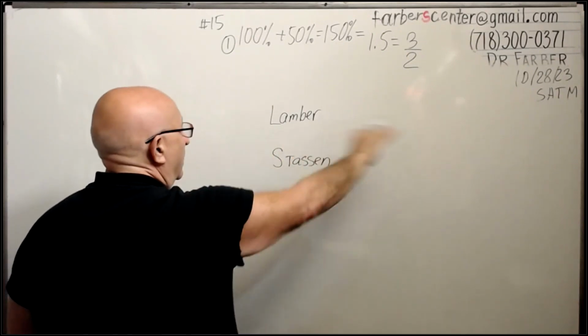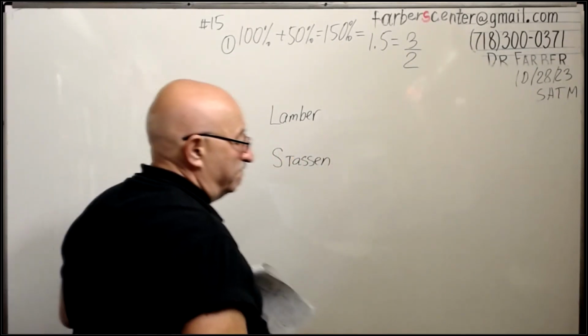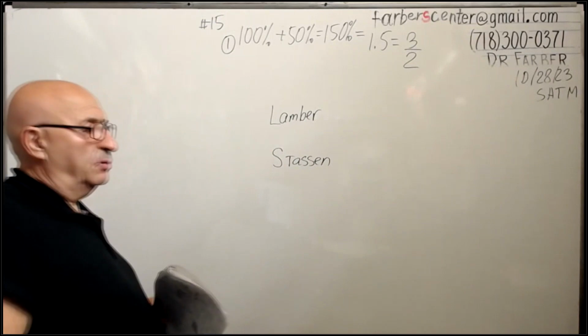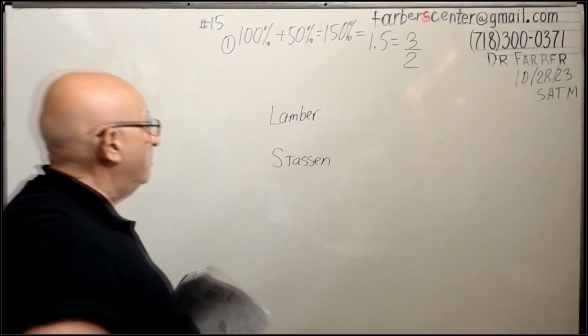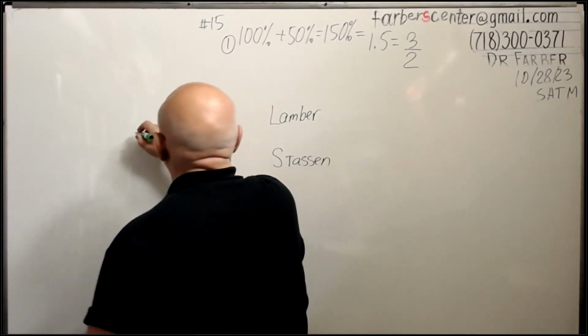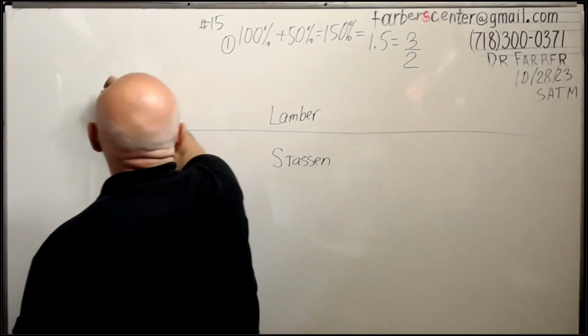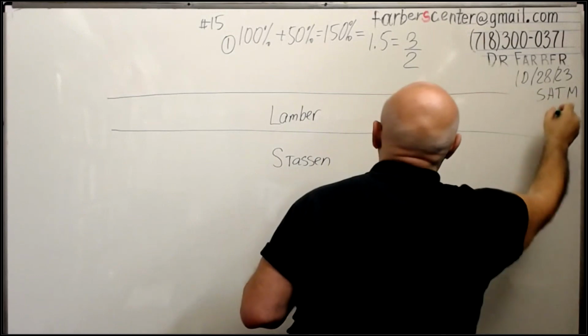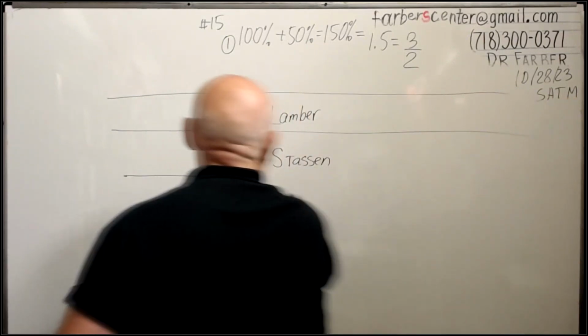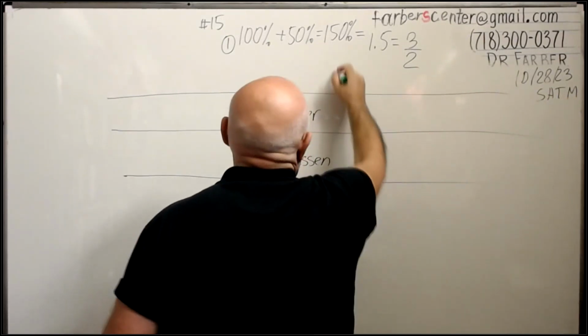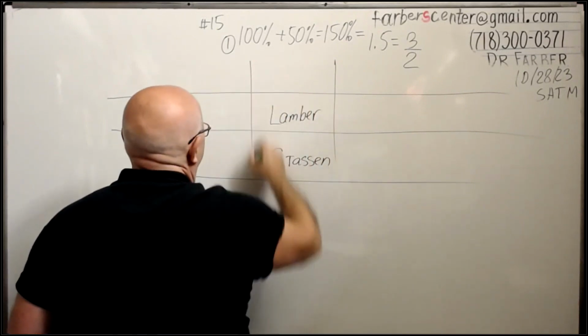Usually we do it in one line: time working alone, part of job in one unit of time. But in this case, we go in two directions, left and right.